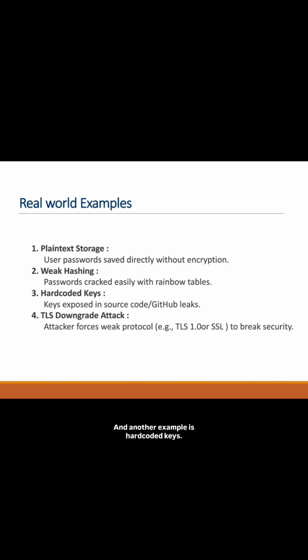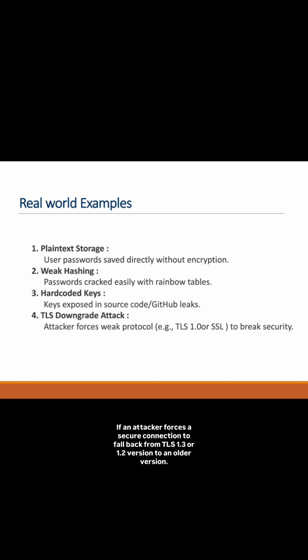And another example is hard coded keys. Developers sometimes put encryption keys, API keys, or tokens directly in the source code. So it is also a bad practice. If a company accidentally pushes source code to GitHub with a hard coded database password, and any attacker finds it, they gain full access to the database. And the last example is TLS downgrade attacks.